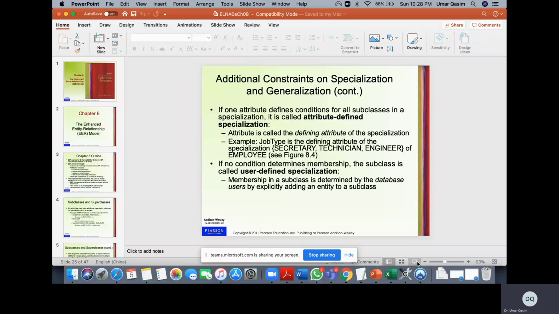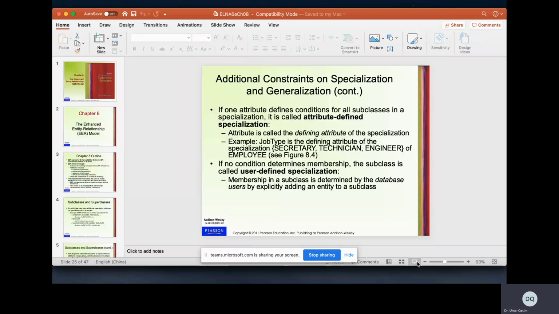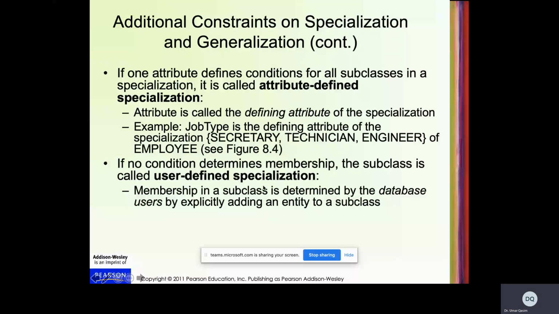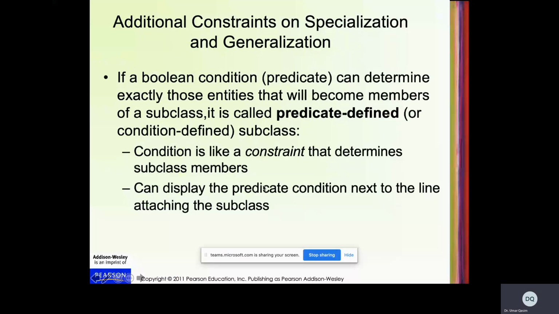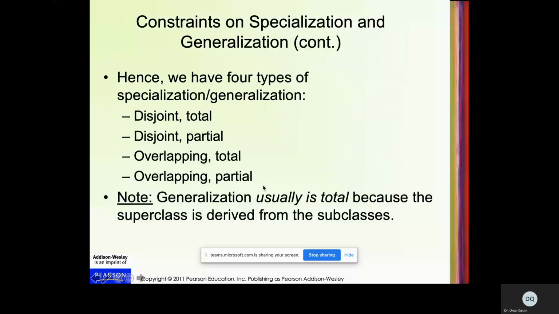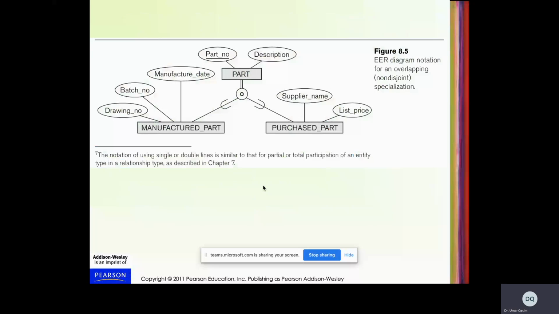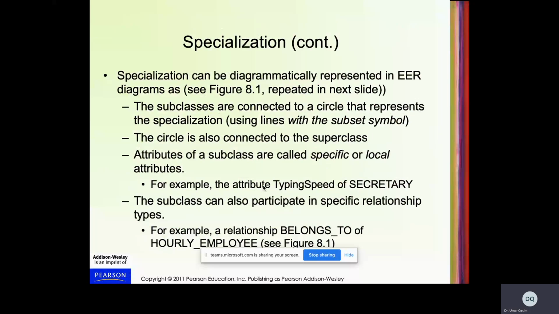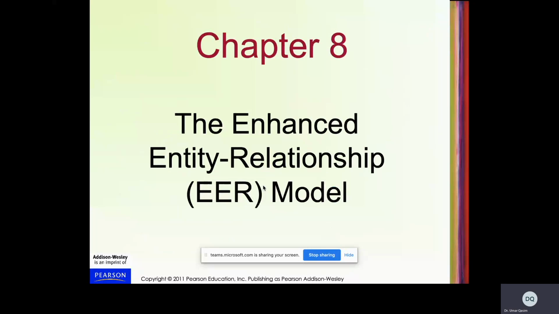In this chapter, chapter 8, we are now looking at some of the advanced features in entity relationship modeling. And this is called the enhanced entity relationship model, EER.